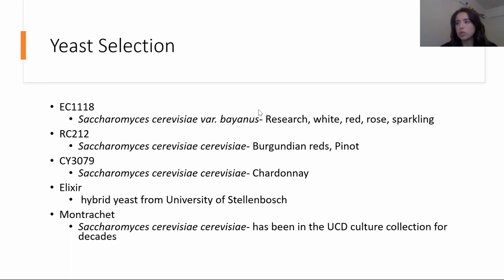So we have representation from Bionis, some pure Saccharomyces cerevisiae strains, both that are generally used in reds and whites. We have this hybrid strain from the university, and then Montrachet is also a pure strain of Saccharomyces cerevisiae, and it's been in the culture collection for decades now.